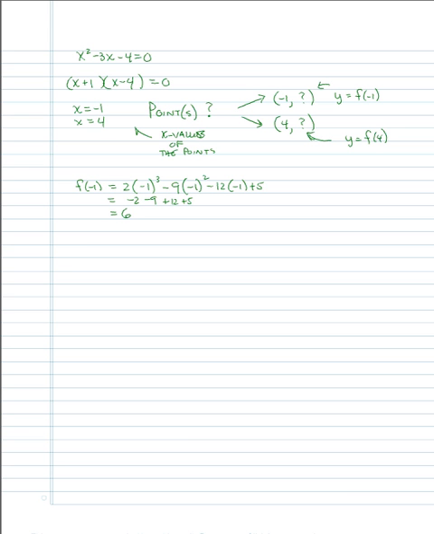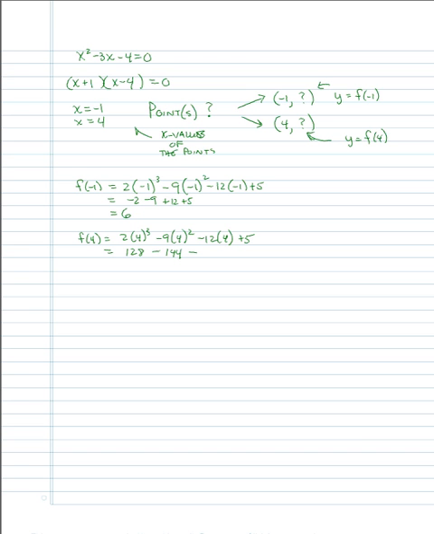And similarly, we would do the same with x equals 4. That would be 2 times 4 cubed, minus 9 times 4 squared, minus 12 times 4, plus 5. 4 cubed is 64, and 2 times 64 is 128. 4 squared is 16, and 9 times 16 is 144.